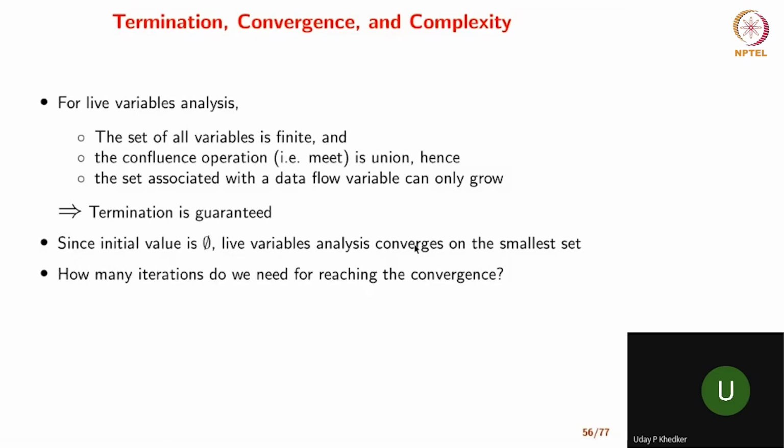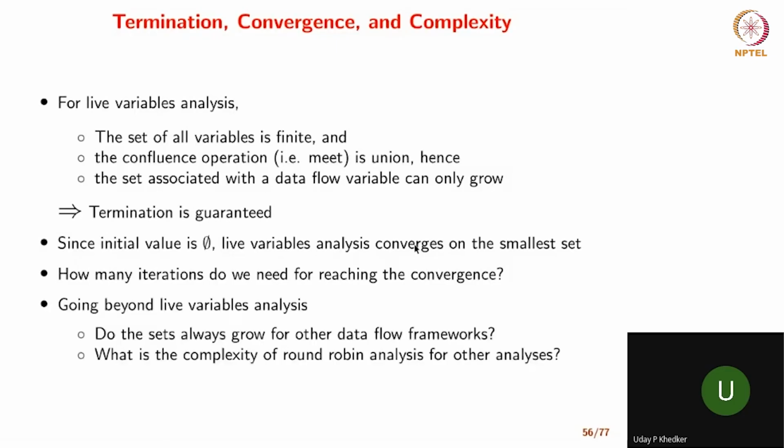The question is, how many iterations do we need for reaching the convergence? That's a question which is hard to answer now, but it is somehow related to the loops and the back edges in the program. In particular, formally, it is bounded by the maximum number of back edges in any acyclic path. Unfortunately, I will not be able to explain more about it now.